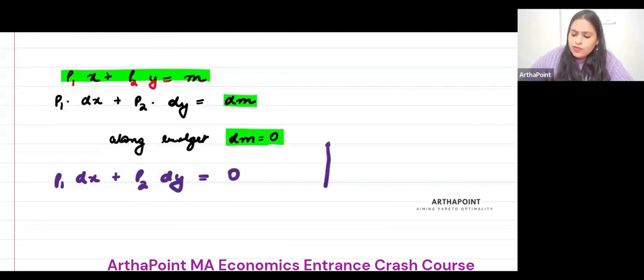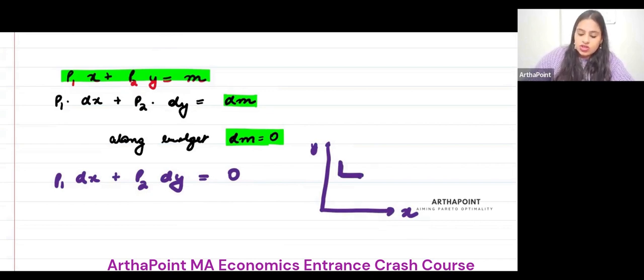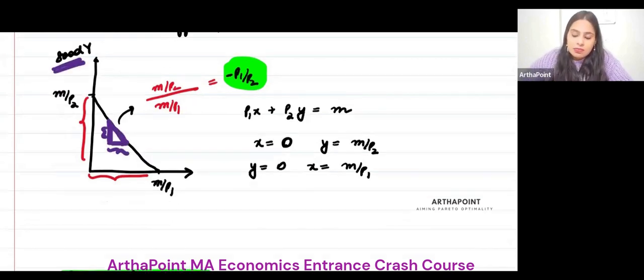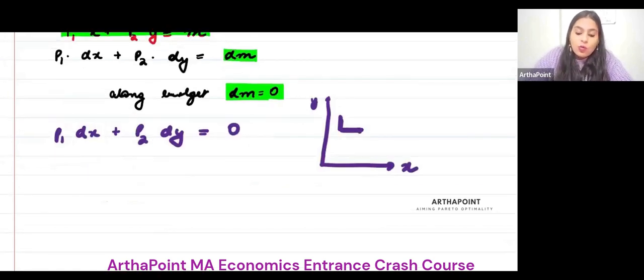Now the slope of the budget line is perpendicular by base. Change in perpendicular by change in base is the slope. So change in perpendicular means change in good Y by change in good X. That will give me the slope. That means I want to find out what is going to be dy by dx from here.